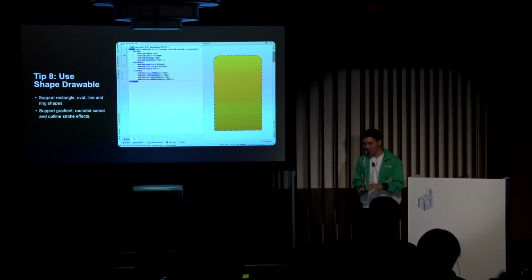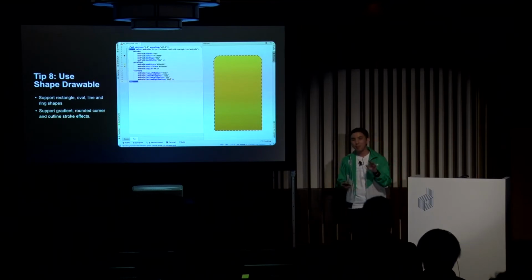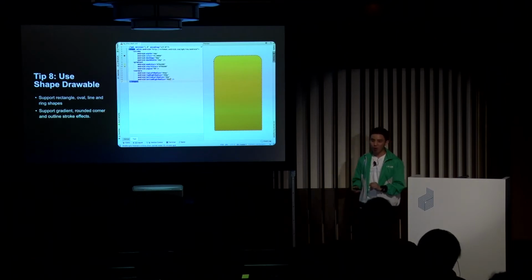And the graphic from the designer is a bitmap image. PNG is a bitmap. Bitmap is bigger than XML. So shape drawable allows you to draw a rectangle, oval, fill the background, gradient background, or rounded corner by XML. This is a good way to make your app smaller.